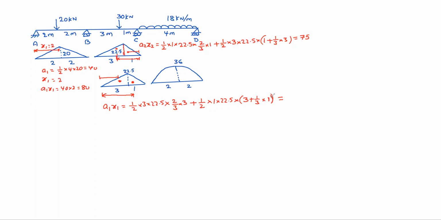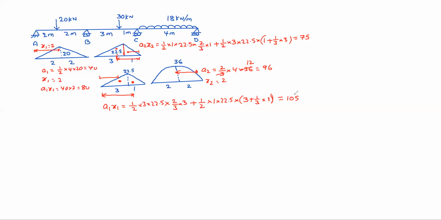For BC and CD spans, for this, A2 equals 2/3 of 4 into 36, and x2 equals this one, 2. That is 96. What is A1 x1? 105. So we need to frame the equations, right?